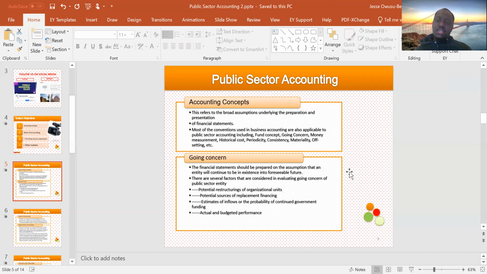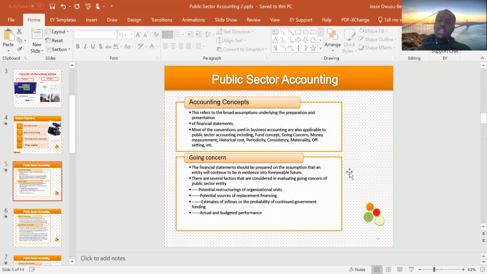The only thing is that public sector accounting focuses on public sector organizations, and so there are a few differences here and there. But in terms of the conventions, like going concern, money measurement, historical cost, periodicity, public sector accounting shares that with our normal business accounting or regular business accounting.